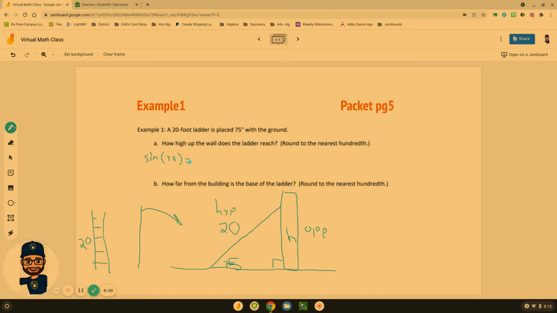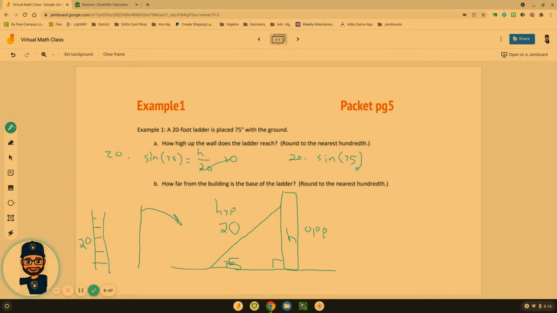has to equal the opposite, which is the height on the wall, over the hypotenuse. If we want h by itself, we multiply both sides by 20. We've got 20 times the sine of 75 equals how far up the wall it is.